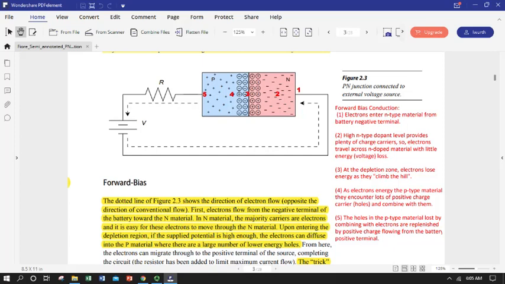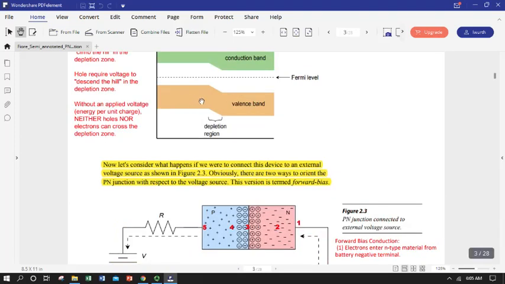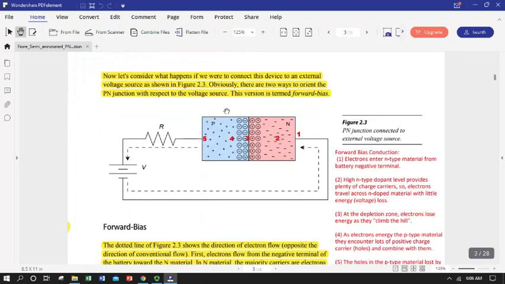The holes lost energy because they had to climb down the slope. The electrons lost energy because they had to climb up. So if this battery weren't here, neither could have made it up or down the hill, respectively. But the battery gave them enough energy to climb the hill, so we completed the circuit. But in so doing, we did drop voltage.